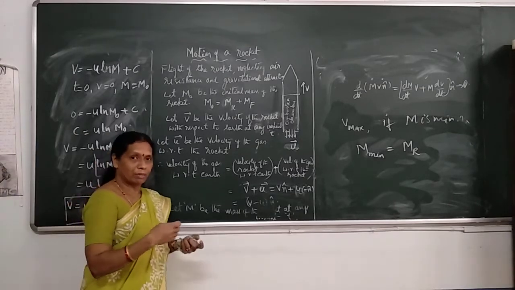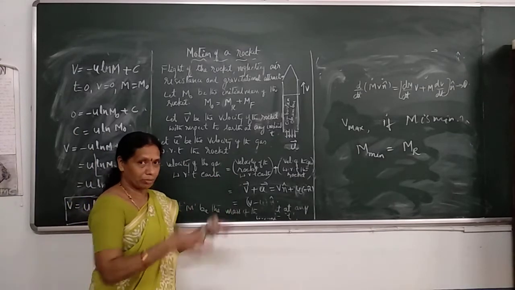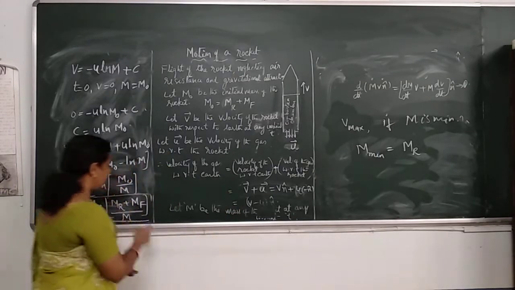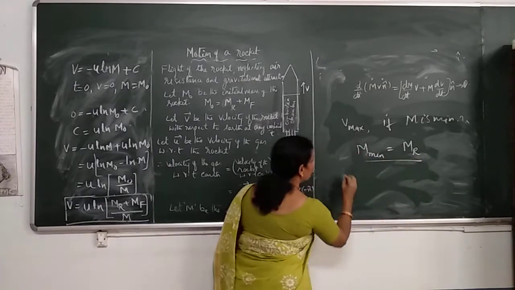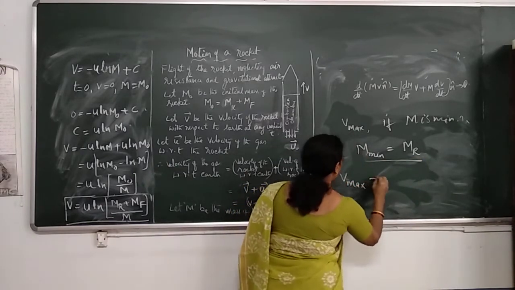We can't reduce the mass further because mr is fixed, the mass of the empty rocket. By reducing mf to 0, one can minimize the mass. So the minimum possible m is mr, and in that case v becomes maximum.